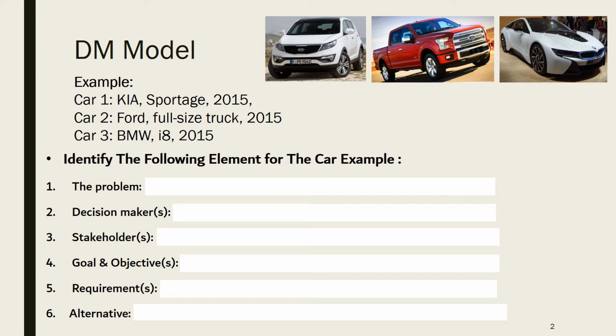To do that, first we need to identify the problem, the decision maker or makers, the stakeholder or stakeholders, the goal and the objectives for this problem, the requirements and the alternatives. Before we start talking about those elements, let me give you the full scenario.